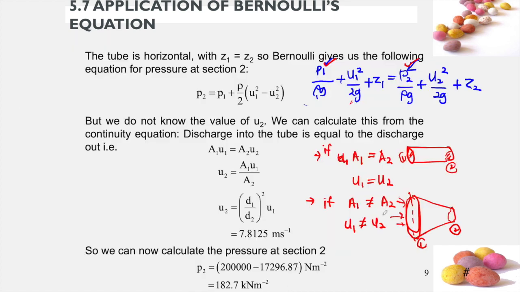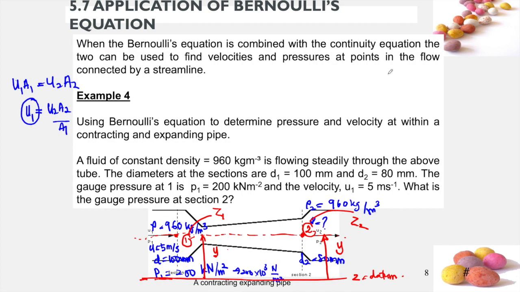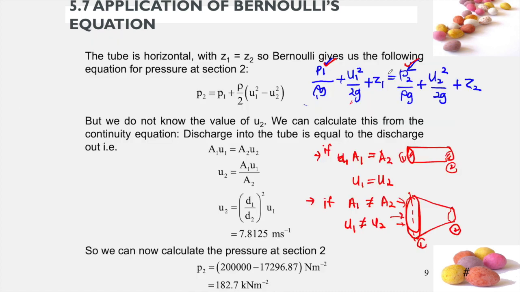So if you take a look at this equation, Z1 and Z2, if you bring this Z2 to the left hand side, it will become Z1 minus Z2. If Z1 and Z2 are equal, which means the value is the same, therefore you will cancel out this term Z1 and Z2.